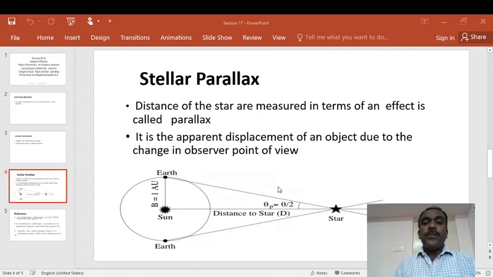The apparent displacement of an object due to the change in the observer's point of view is called stellar parallax. Capital D is the distance between the sun and the star, small d is the distance between the earth and the star, and capital R is the radius of the earth orbit around the sun.